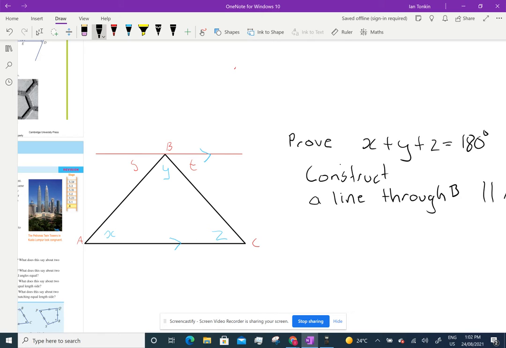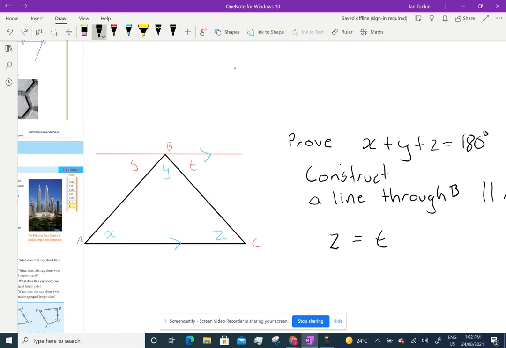So now I'll begin my proof. Z equals T. Those two angles are equal. Why? Because they're alternate.